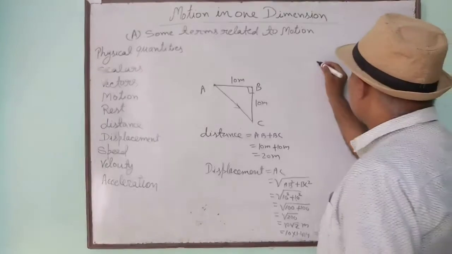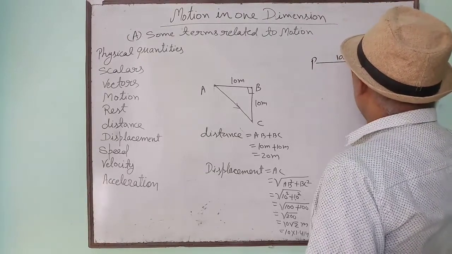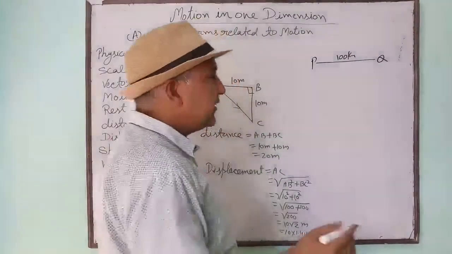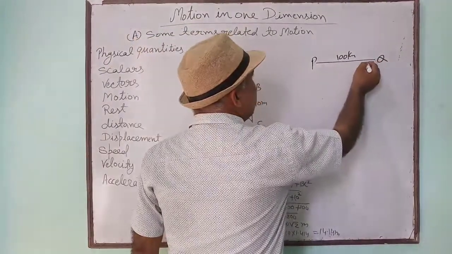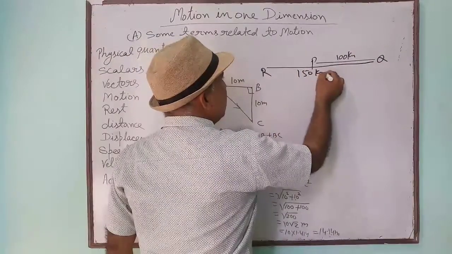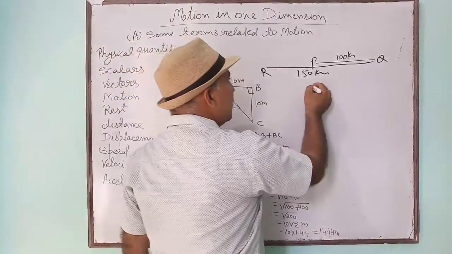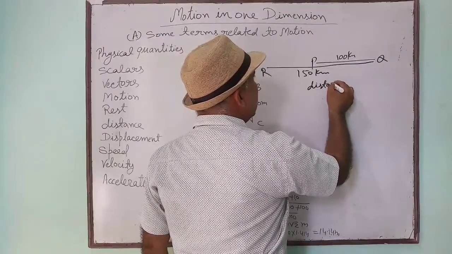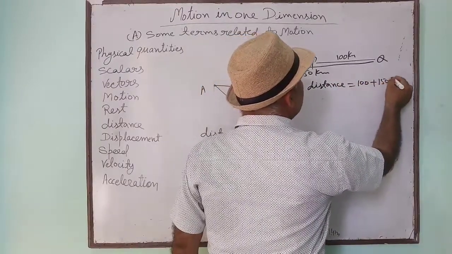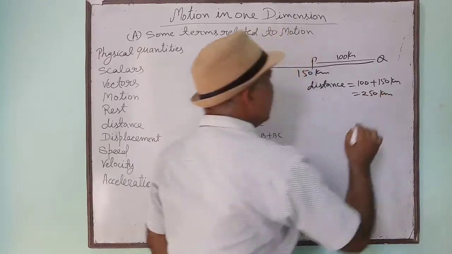Take one more example. Suppose the body starts from P and goes 100 kilometer and reaches point Q. And then from there it returns back 150 kilometer and reaches point R. In this case, what will be the distance? Distance will be 100 plus 150, 250 kilometer.